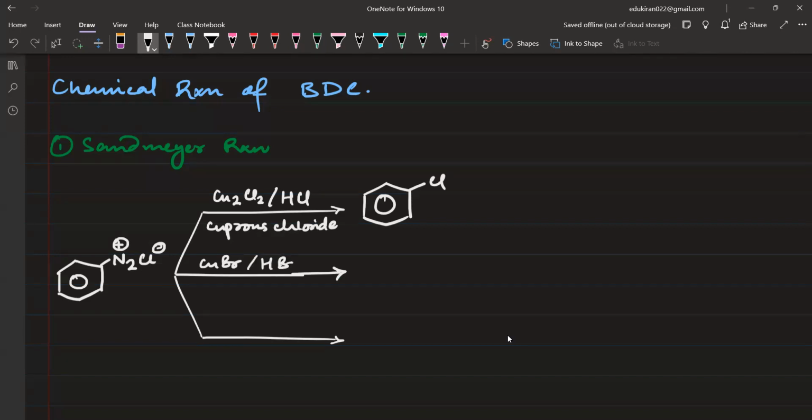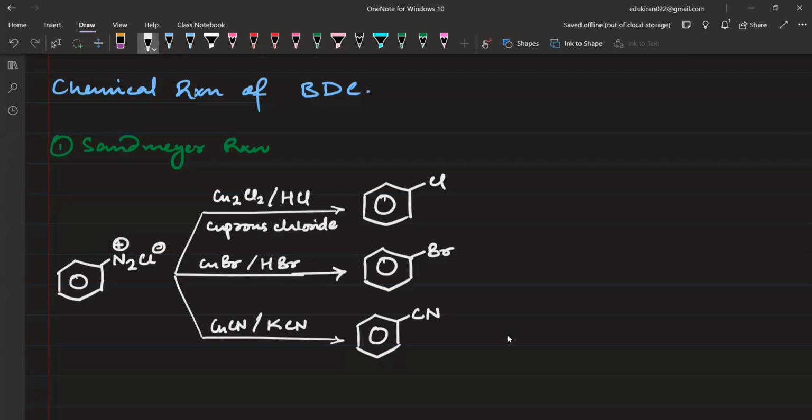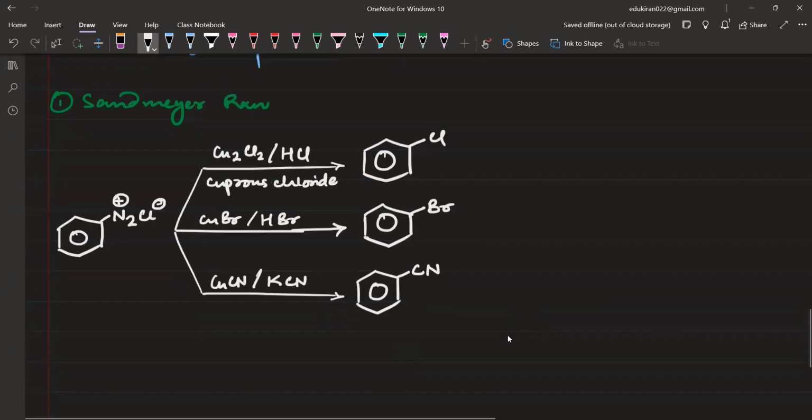In the presence of HBr, this is going to give you bromobenzene. Another reaction is if you can have cuprous cyanide, CuCN, in the presence of KCN. This is going to give you benzene nitrile. All of these reactions are known as Sandmeyer reaction.